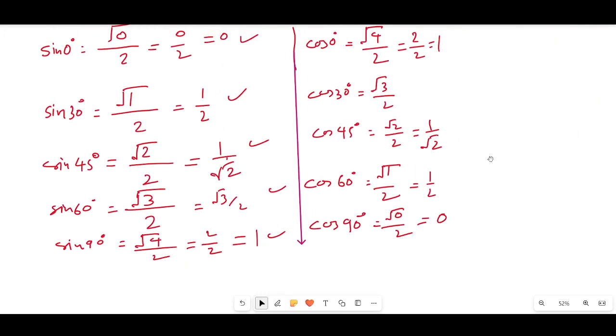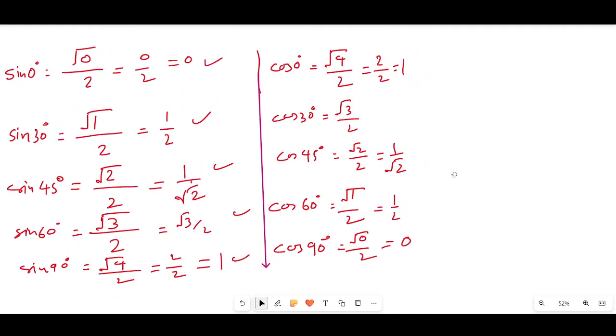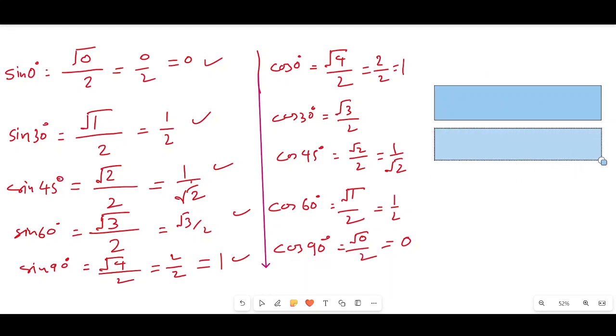Suppose here we make a table. This is the table of sine, this is cos, and this is tan. Clear?